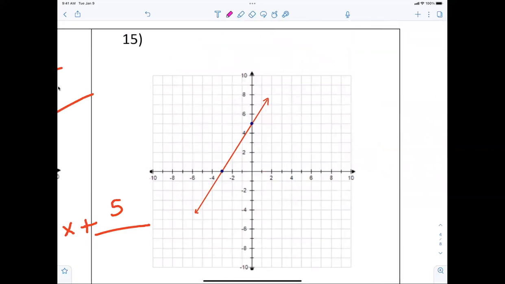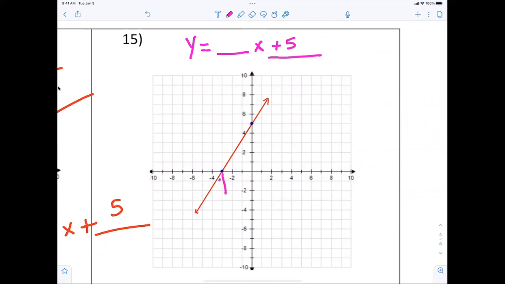Because you were paying attention, we're going to go y equals, leave a space, x, leave a space. Somebody find the y-intercept. 5. So it's going to be +5. Go from the left point to the right point.